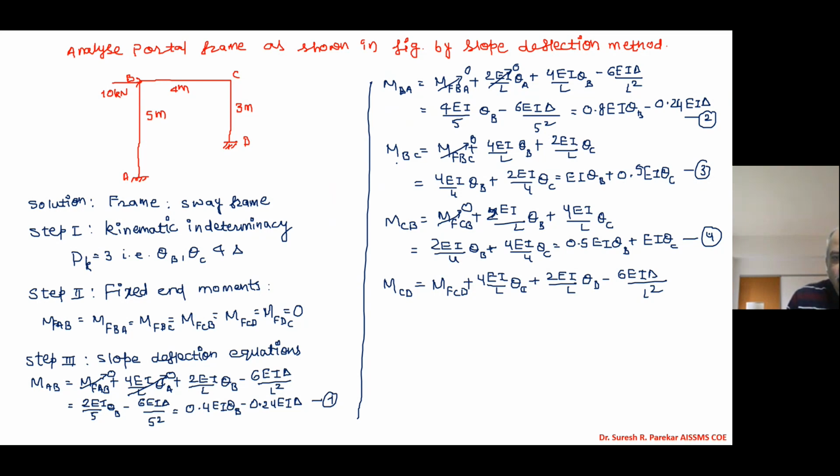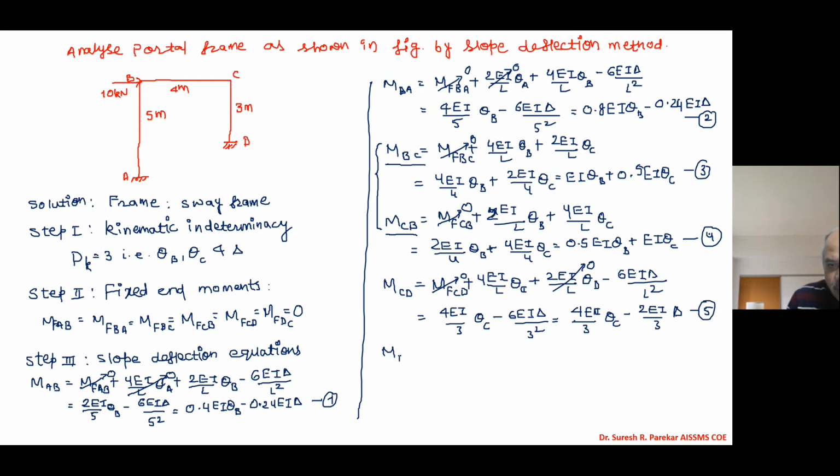Therefore, you can see in MBC and MCB, we do not have delta because these two are related with your beam BC. Then MFCD is 0, theta D is 0. So we have 4 EI upon 3 theta C minus 6 EI delta upon 3 square equal to 4 EI upon 3 theta C minus 2 EI by 3 delta, which is equation 5.